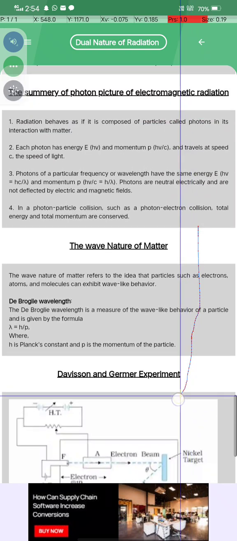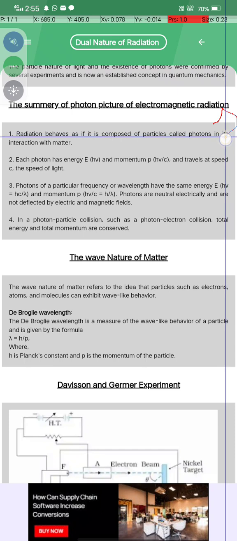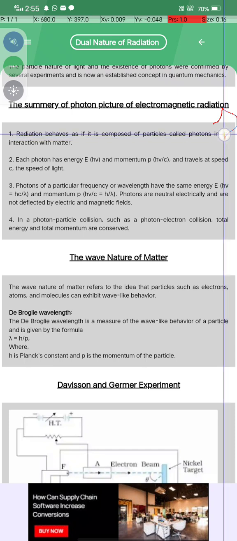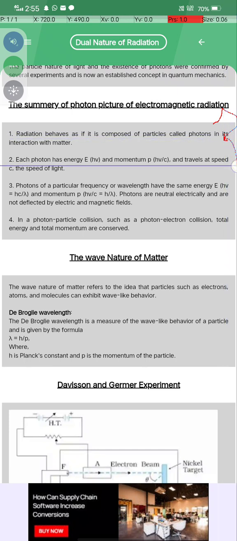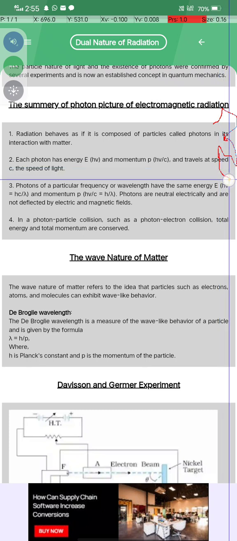After that, the summary of the photon picture of electromagnetic radiation. Radiation behaves as if composed of particles called photons in its interaction with matter. Each photon has energy E equal to h nu, and momentum, and it travels at the speed of light.